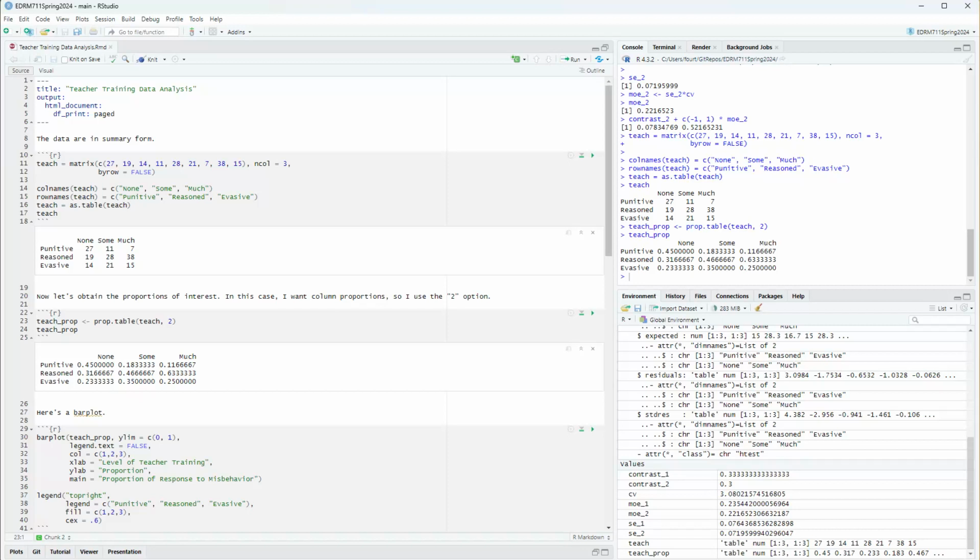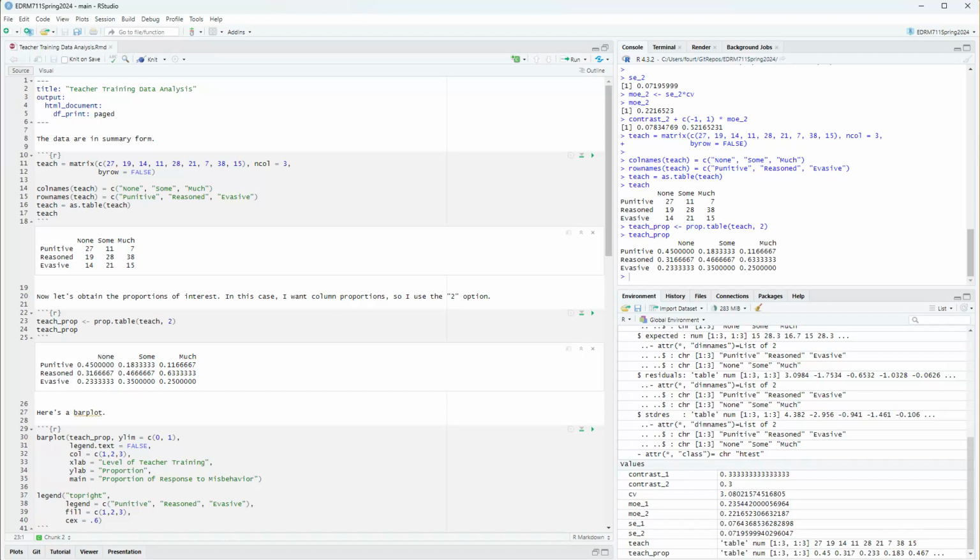In terms of being evasive, it was 23% with none, 35% with some, and 25% with much teacher training. Not as stark of a difference there among those with evasive as we saw with the punitive and the reasoned.